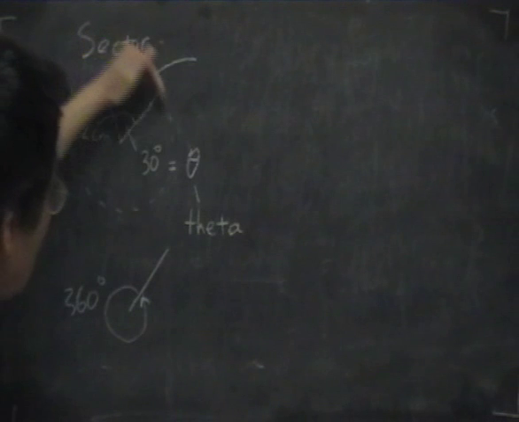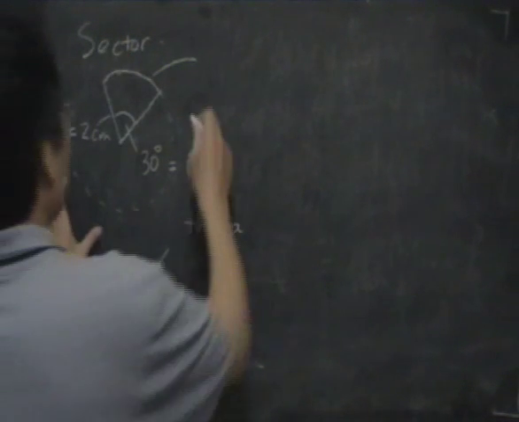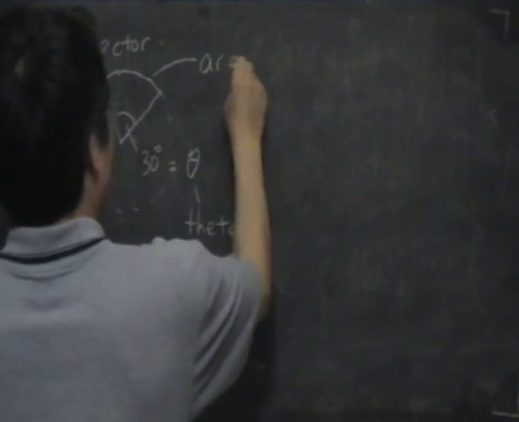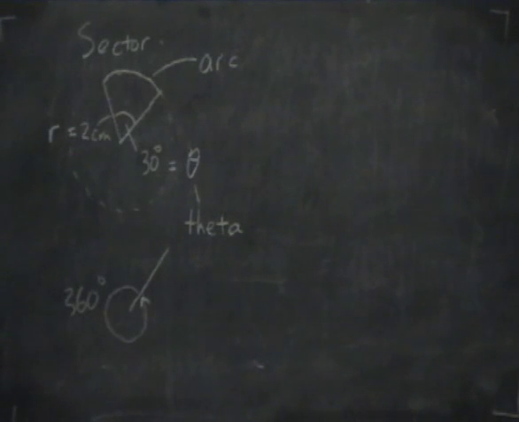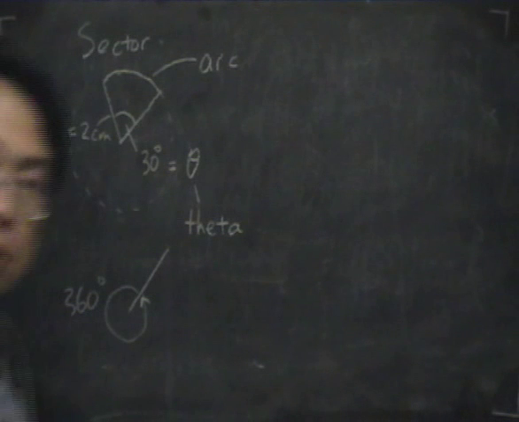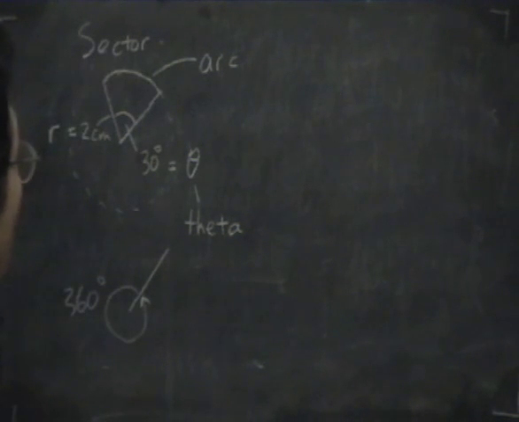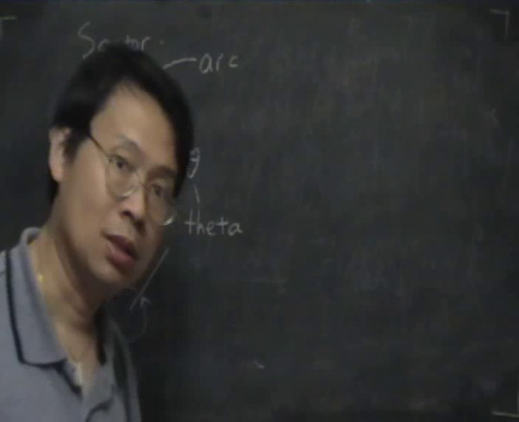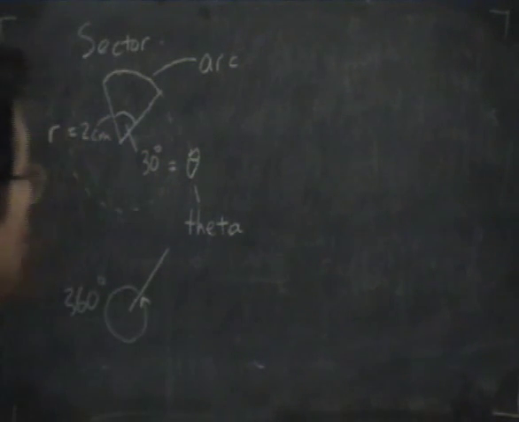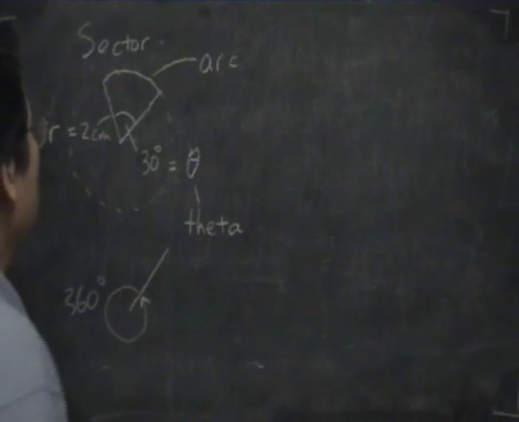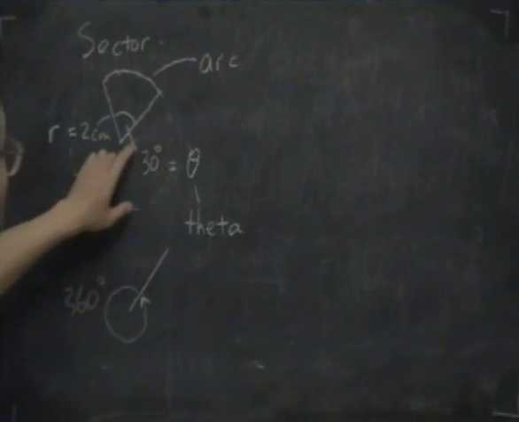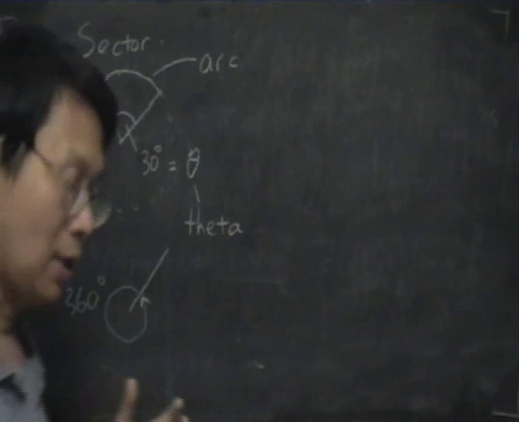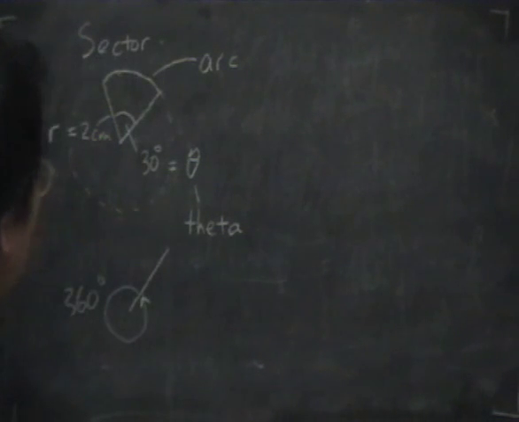So this curved side here has a name. It is called the arc. So that's the arc of the circle. Now, we can find the length of the arc. The way to do it is to again think of the sector as a fraction of the whole circle.